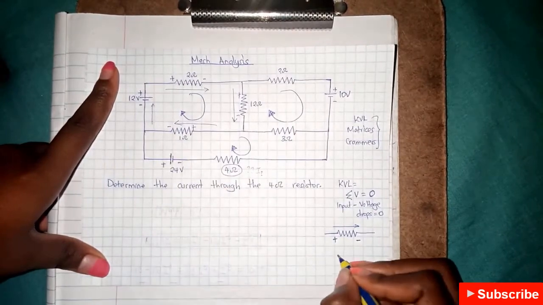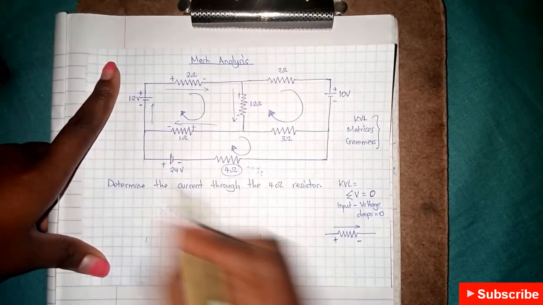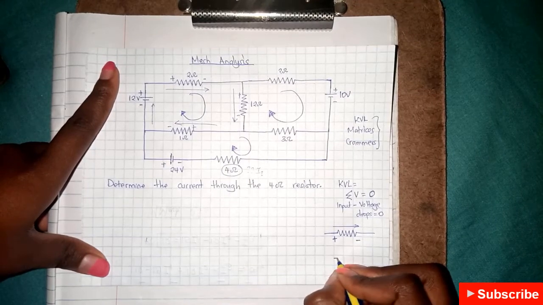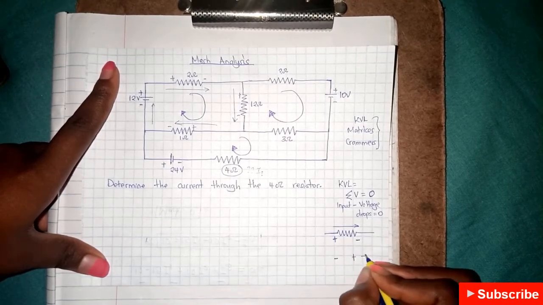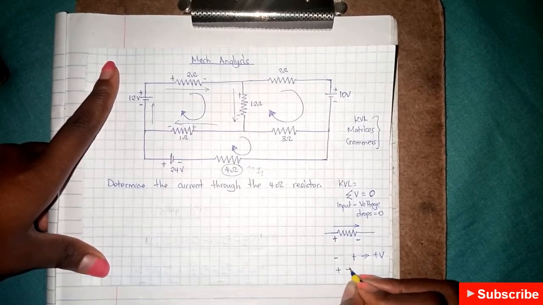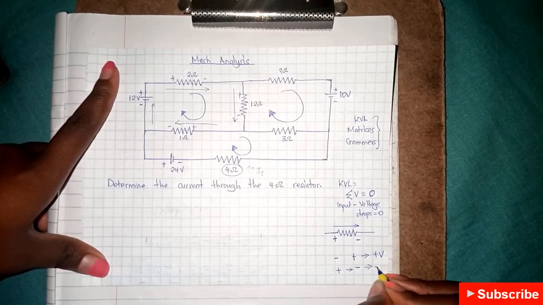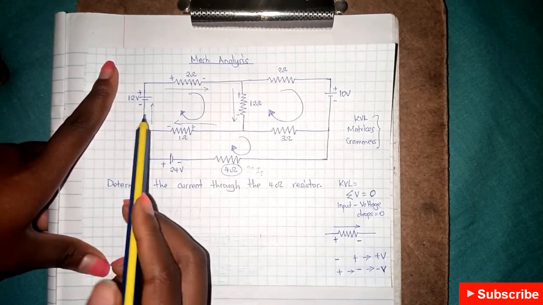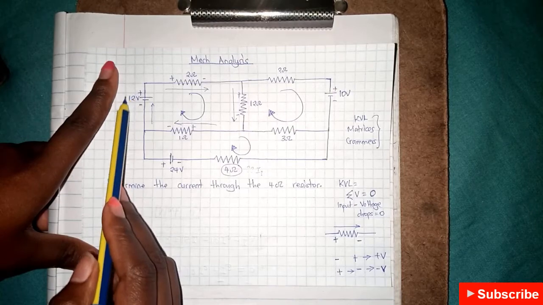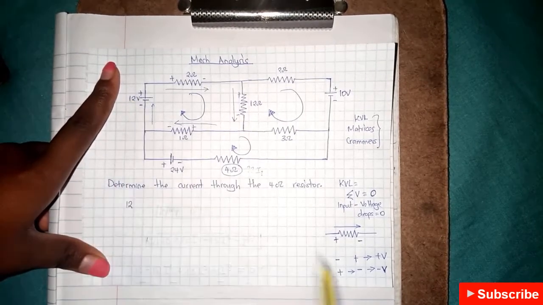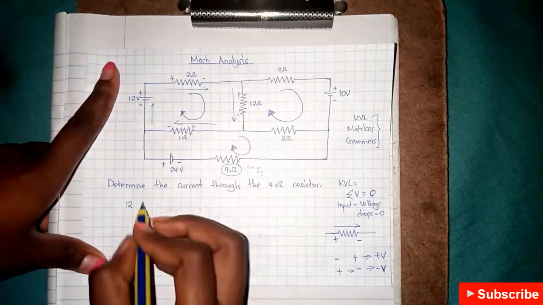And in a voltage source, if current is flowing from negative to positive, then that's positive V, and from positive to negative, it will be negative voltage. So 12 will be just 12, because negative to positive is positive voltage.